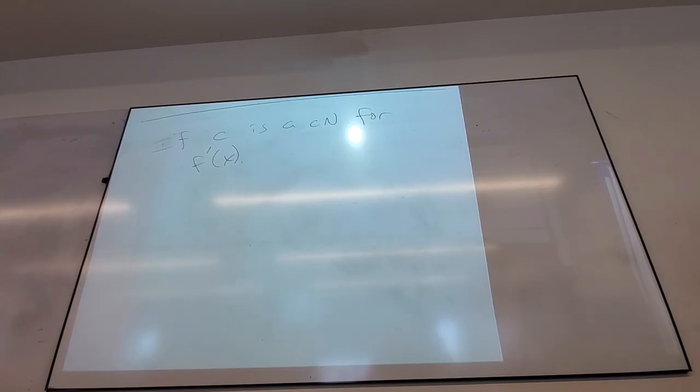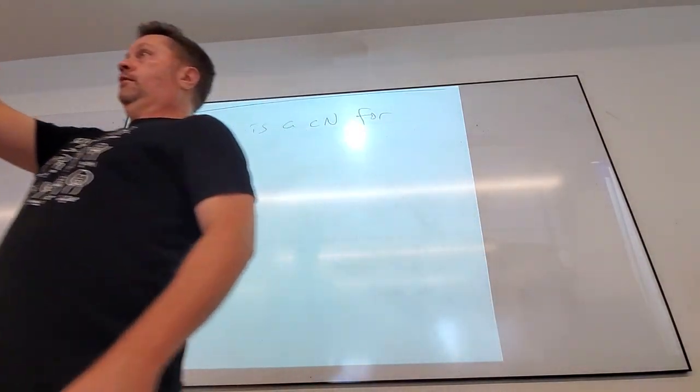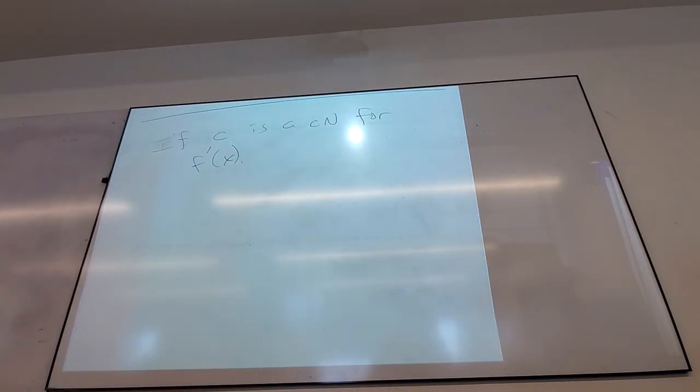Critical numbers are possible locations of local maxes, local mins, potentially absolute maxes and mins, yes, okay.